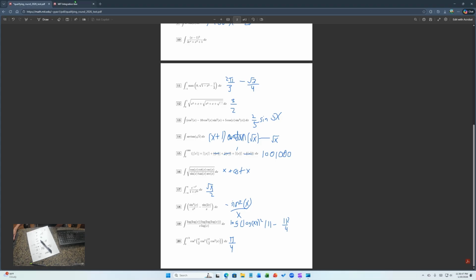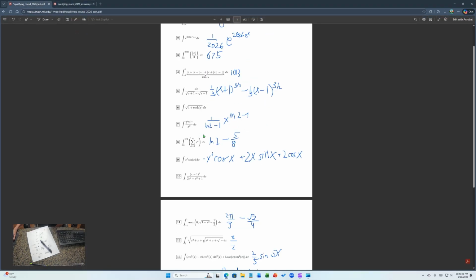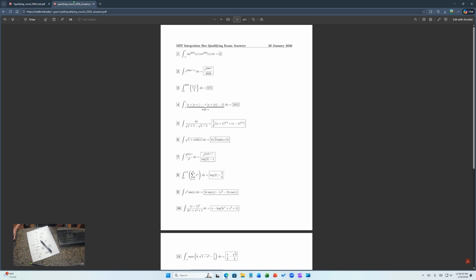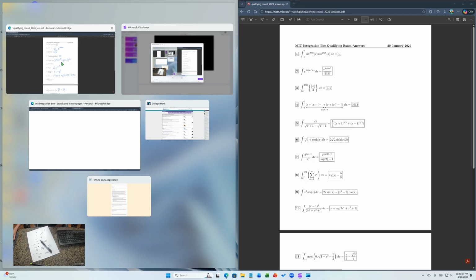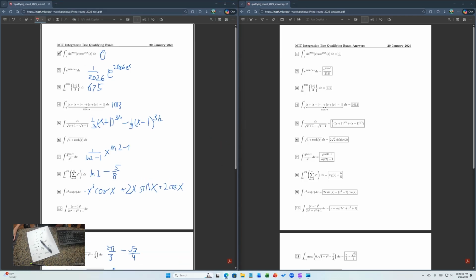Let me go ahead and go to the page. Let's see our answers. Alright, so I'm gonna go ahead and mark them in a different color. So I'll do it something like that. So we have this one's right. This one is right, I think. This one's right.